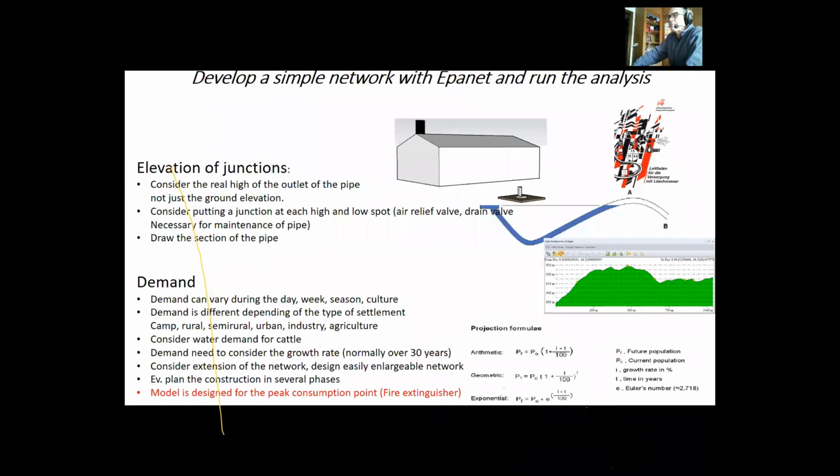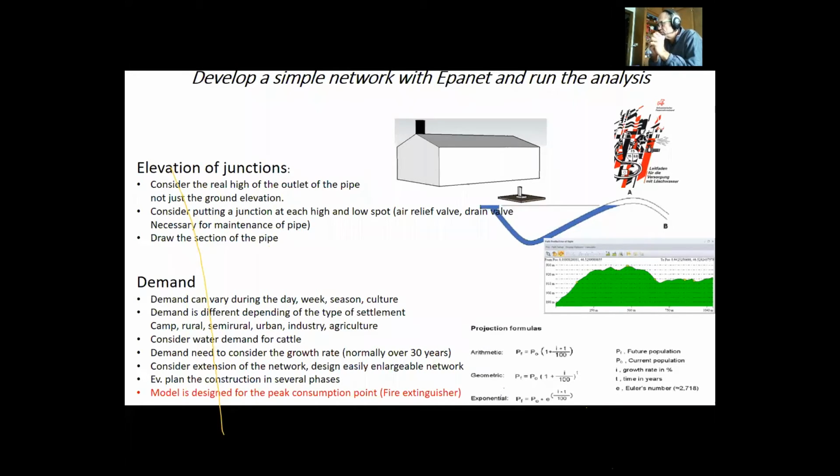Let's continue. For the elevation of the junction, what you will have from your map is the elevation of the ground point. But be careful, because sometimes you might have a tap stand, which is more or less 1 meter high. So from the ground level, you add 1 meter. But the junction could be as well a connection to a house. And then you have to check how high the water goes in this house.